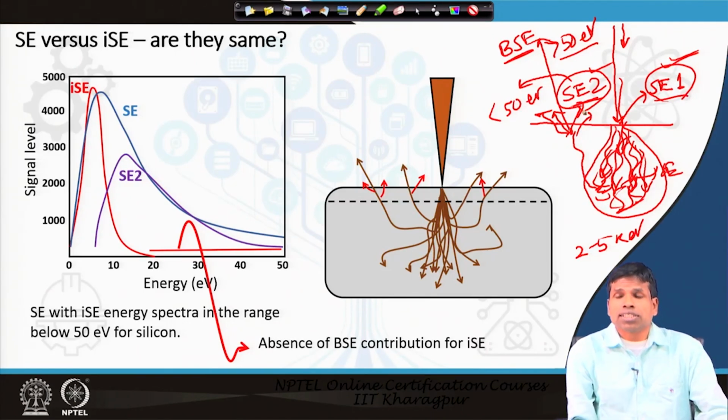Because of the higher yield of SE2, our resolution will not be very good, because SE2 are not emerging from the region where the incident beam is interacting with the specimen. They emerge a little away from where the incident beam is striking the specimen. Therefore, resolution will not be very good.